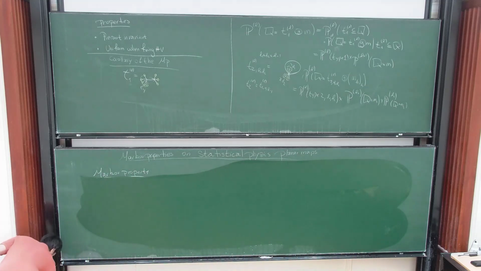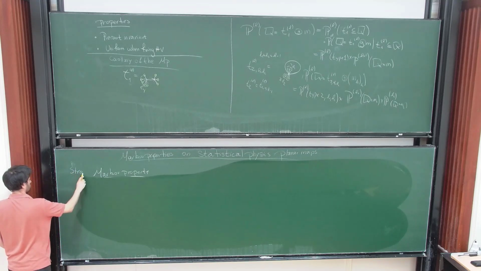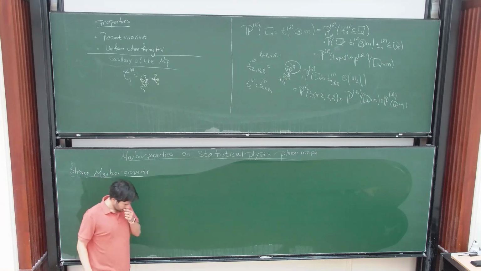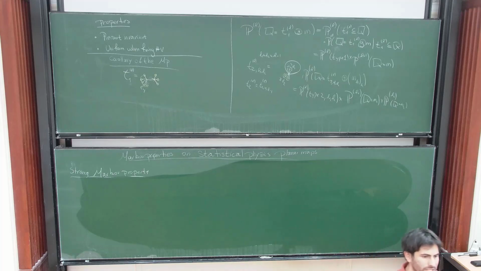So let's start with the strong Markov property. So what do we want to do now? We want to say which random submaps have the Markov property. Okay?